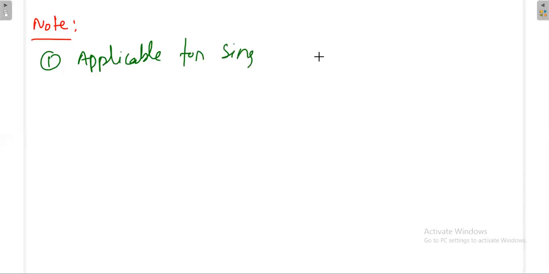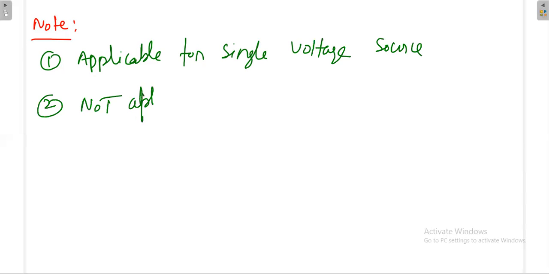Take a note: this procedure is valid, applicable, only for a single voltage source. This procedure is not applicable if the circuit has dependent sources.